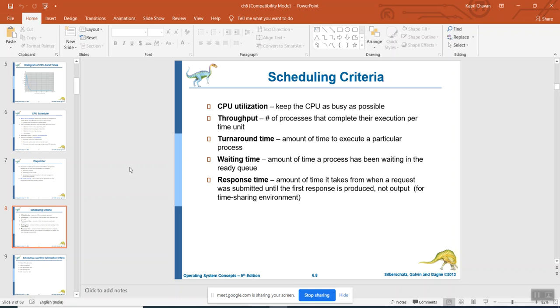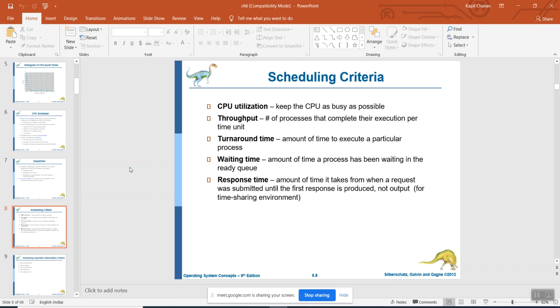Next is response time. The definition of response time is the amount of time from when a request was submitted until the first response is produced, not the final output. What is the difference between turnaround time and response time? We are getting the first response produced.